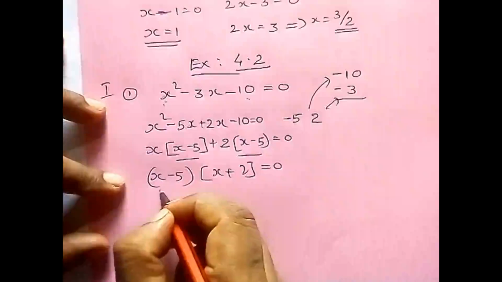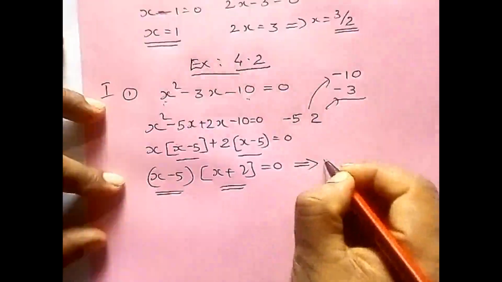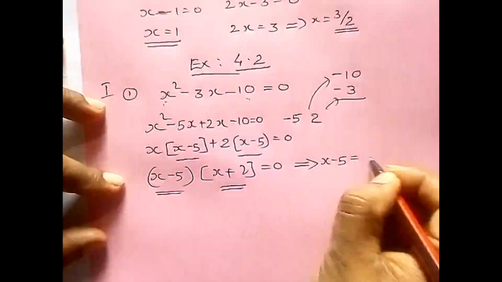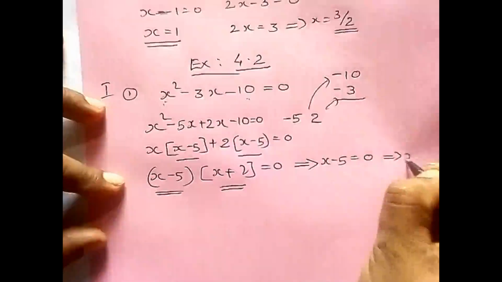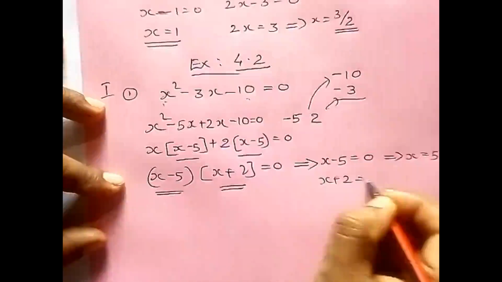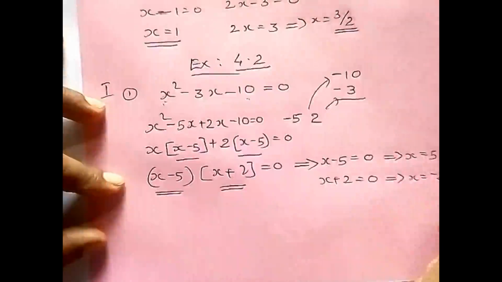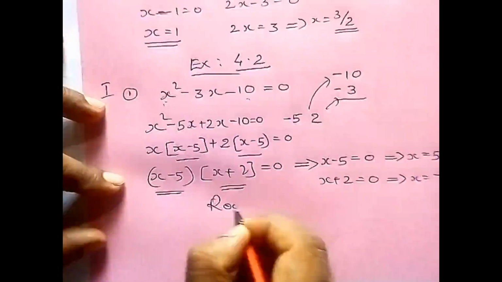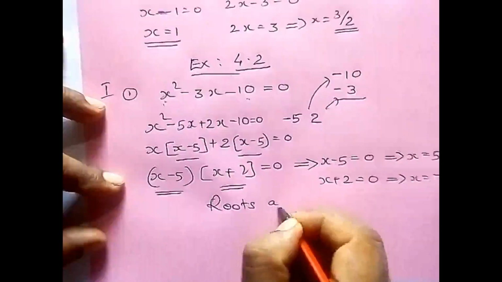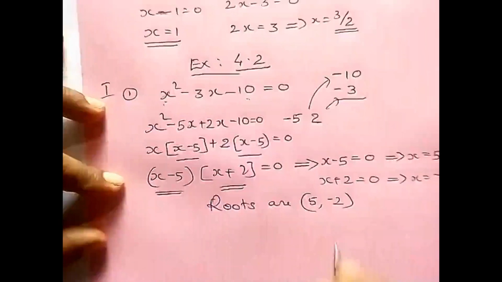This means either this fellow should be 0 or this fellow should be 0. So x minus 5 equal to 0 means x equal to 5. X plus 2 equal to 0 means x equal to minus 2. Hence the roots of this equation are plus 5 and minus 2.